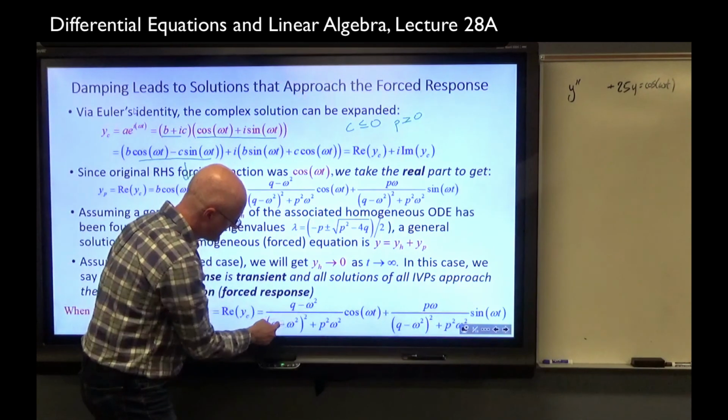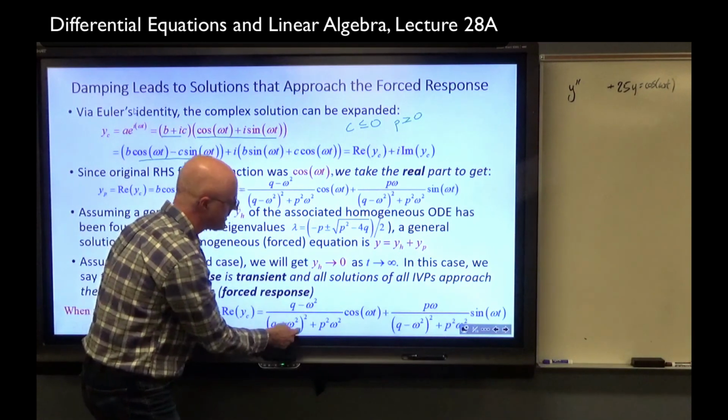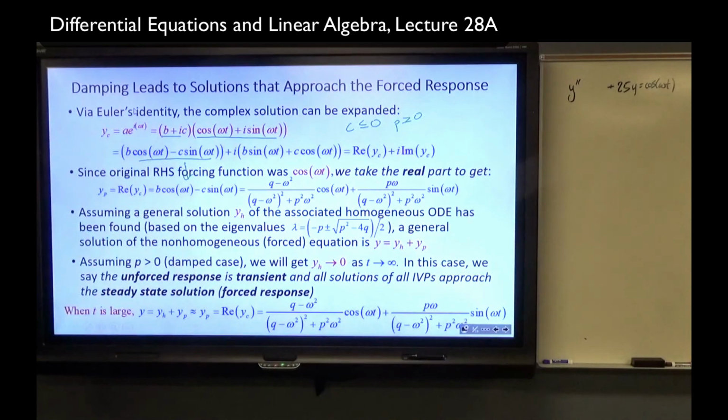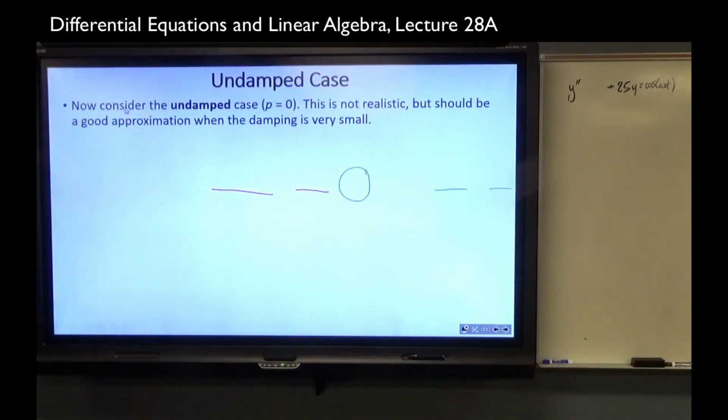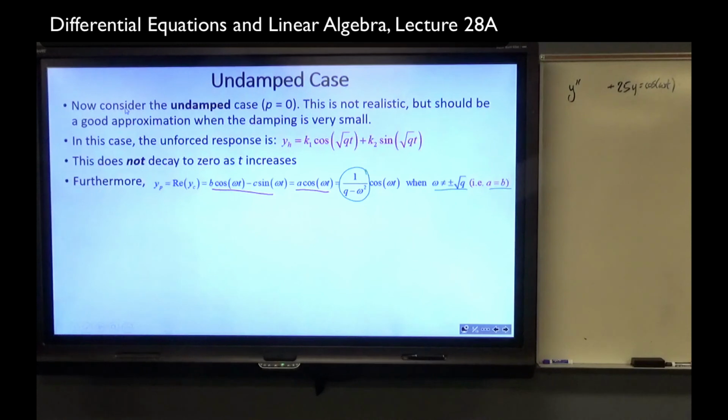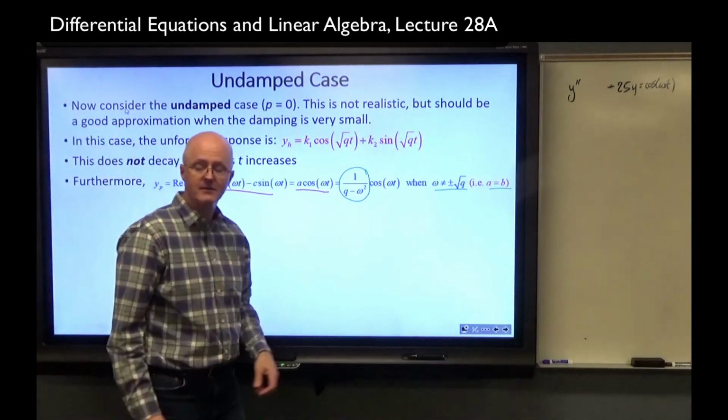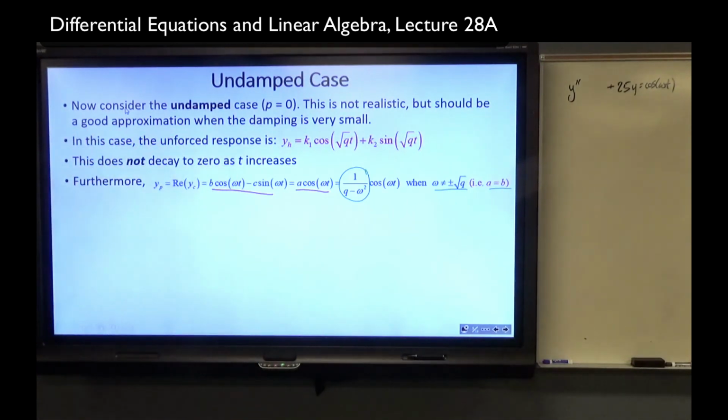You get q minus omega squared divided by q minus omega squared, squared. One factor of q minus omega squared cancels. You're left with 1 over q minus omega squared, which is what I have in this slide here. 1 over q minus omega squared. So this forced response is a pure sinusoid again.